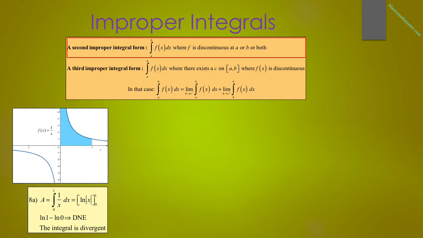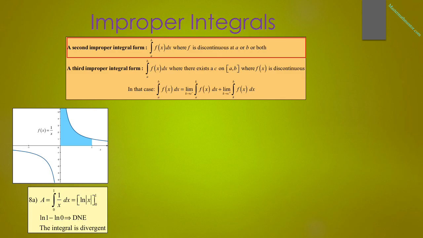In 8a, we're given the function f of x equals 1 over x, and asked to find the area bounded by the x-axis, the y-axis, the curve, and the line x is equal to 1. The graph is shown. Therefore, the area is equal to the integral from 0 to 1 of 1 over x dx. This is an improper integral because 1 over x is not defined at x is equal to 0.